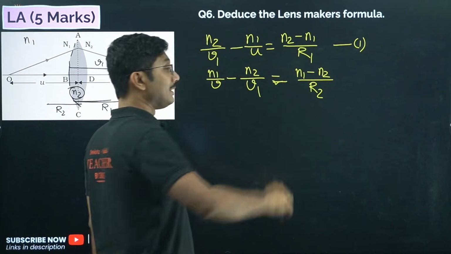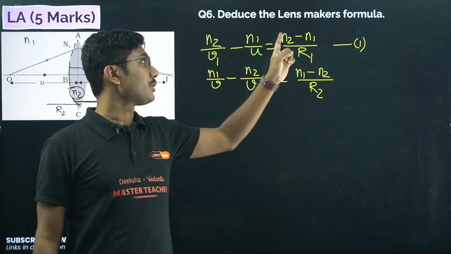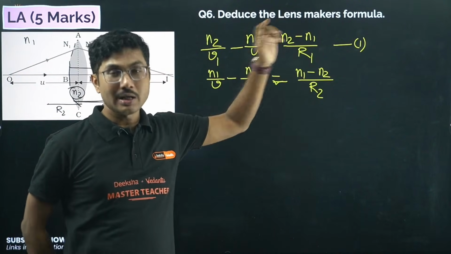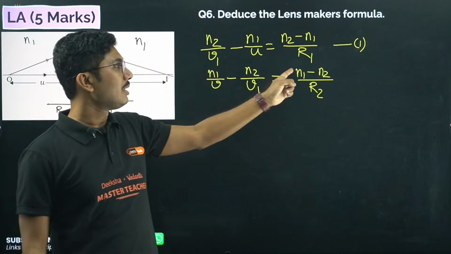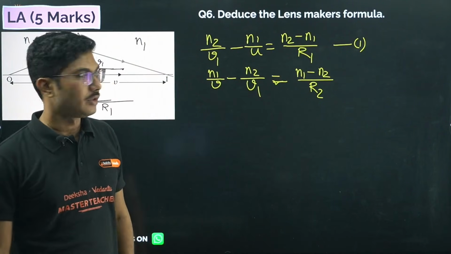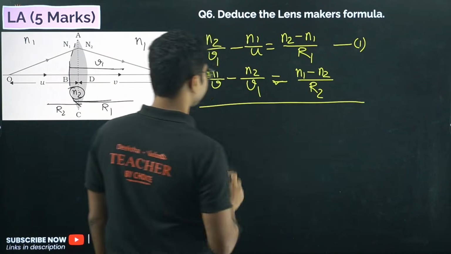In the first case, light was traveling from N1 to N2, so that's why here we have N2 minus N1. In the second case, light is traveling from N2 towards N1, that's why we have N1 minus N2. Okay, now we just simply need to add these two equations.